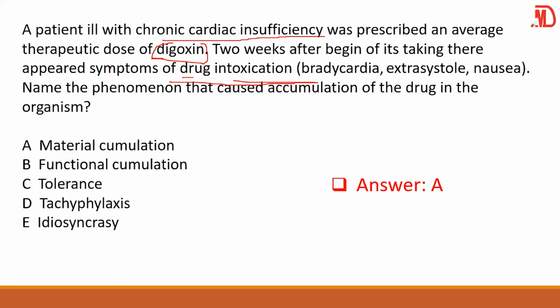Although the drug might not be present in the system, it is still functioning. These kinds of drugs are not accumulated because they are easily excreted from the body, which means they have no affinity for proteins. So they easily get what? Excreted. So that's what distinguishes material from functional.